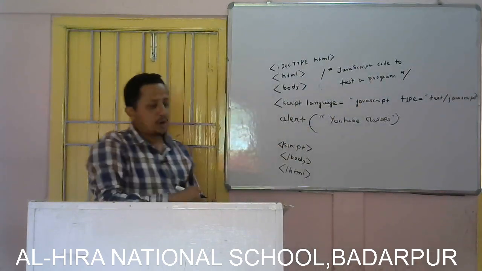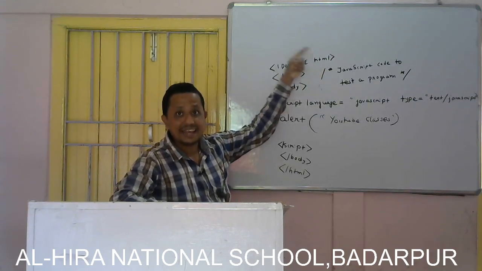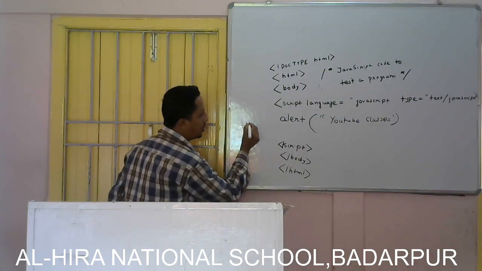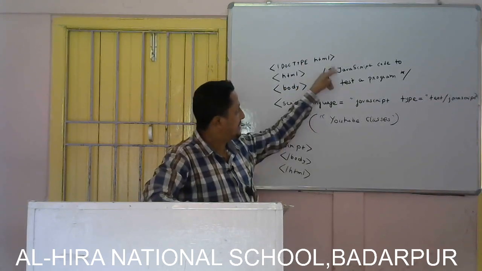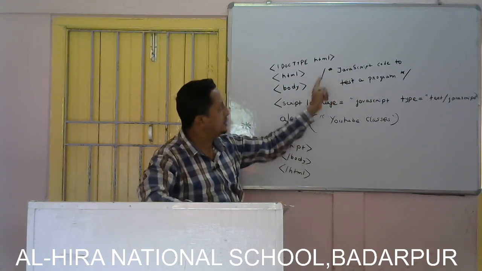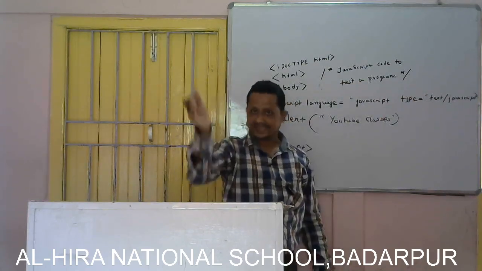A multi-line comment starts with a slash, then we have an asterisk. This is there on the keyboard. Then we have the comment, and we close it: first the asterisk, and then the slash.